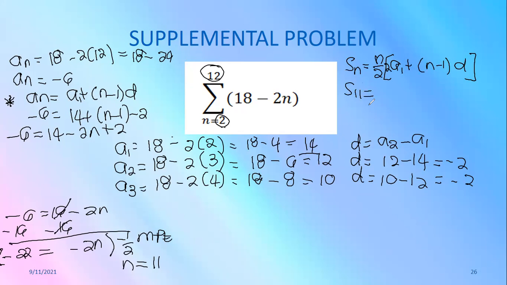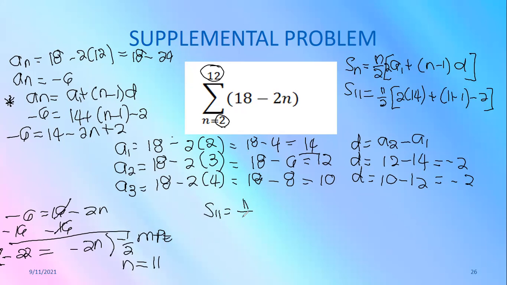So yun yung na-solve natin na value of n. So magiging 11 over 2 multiplied by 2 multiplied by 14 plus 11 minus 1 multiplied by the common difference, which is equal to negative 2.